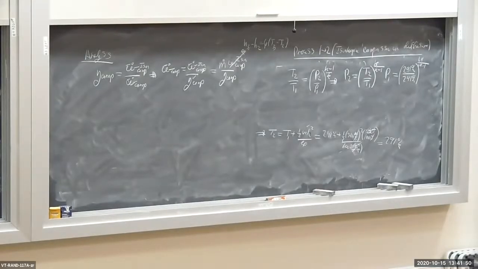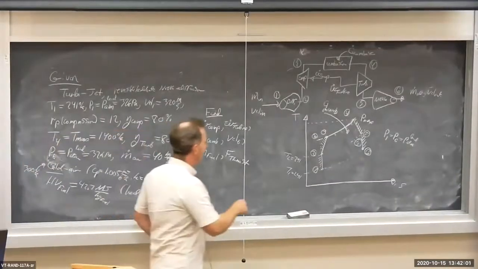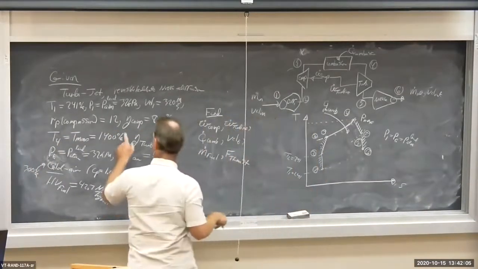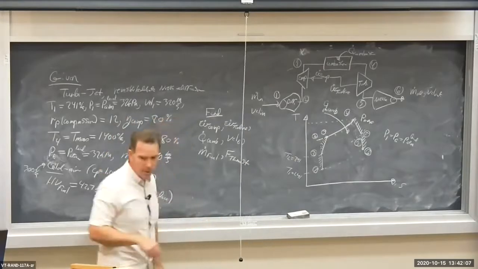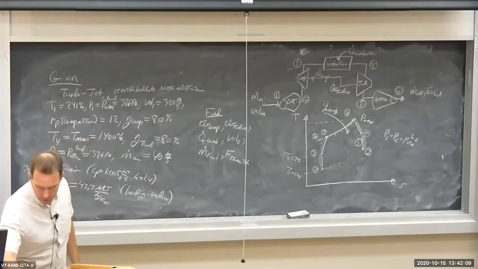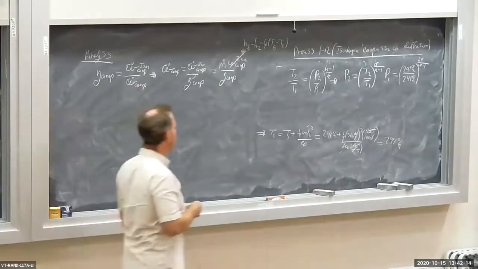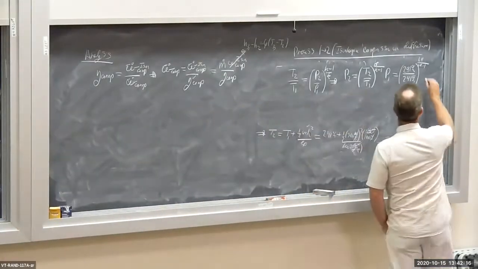Isentropic property relationship over there in the right-hand corner. We're going to calculate the pressure P2, which is the diffuser exit pressure, right here at the exit of the diffuser. The inlet pressure is 32 kPa. That's the local atmospheric pressure.